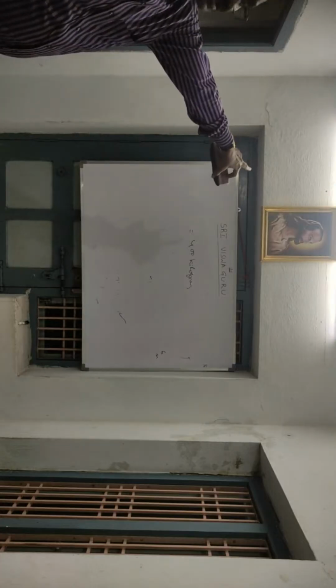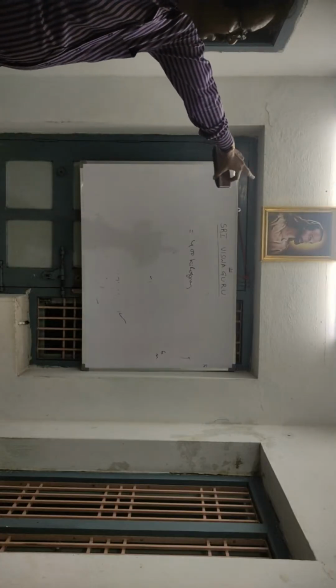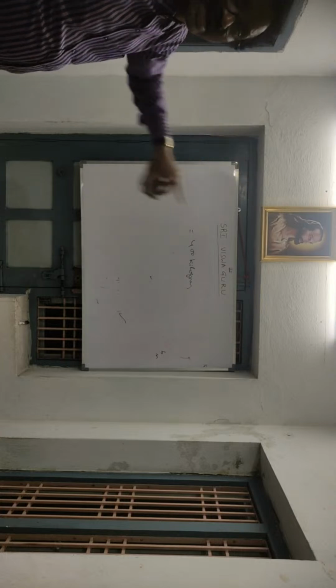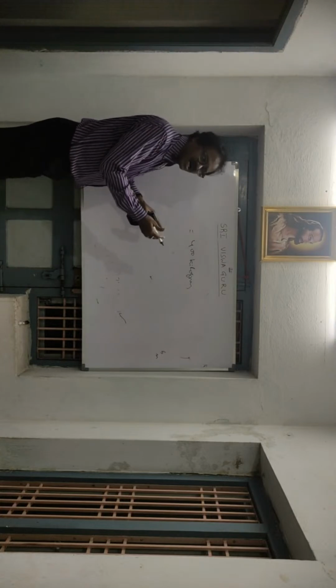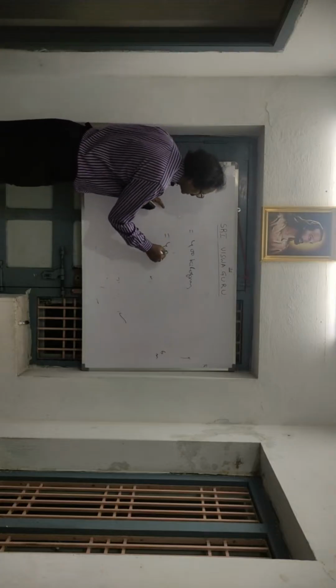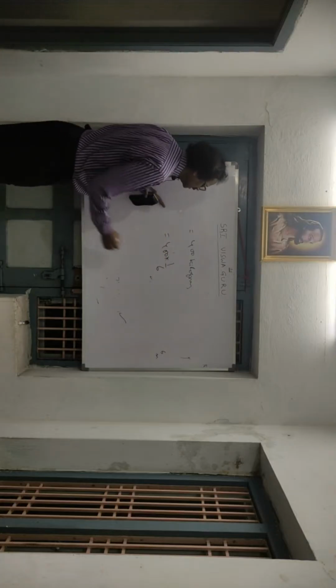What happens on the moon? That is 1/6. Here we apply 400 into 1/6.